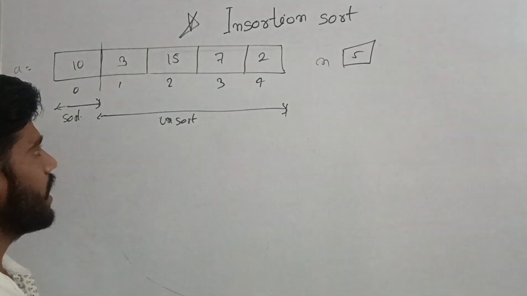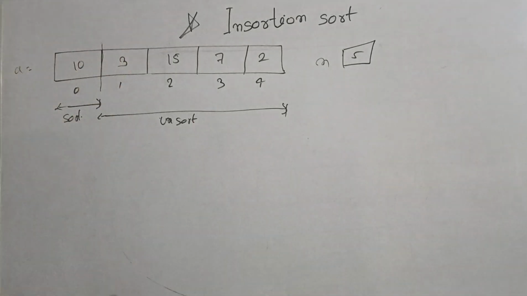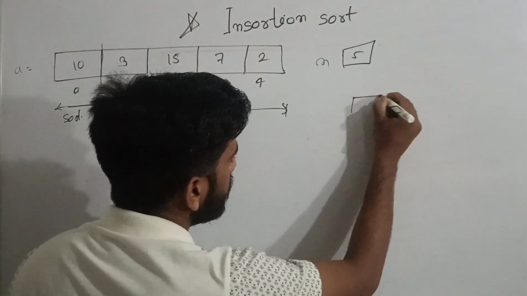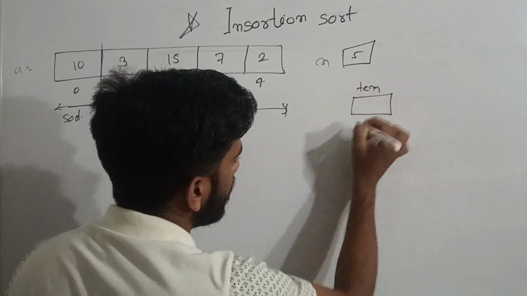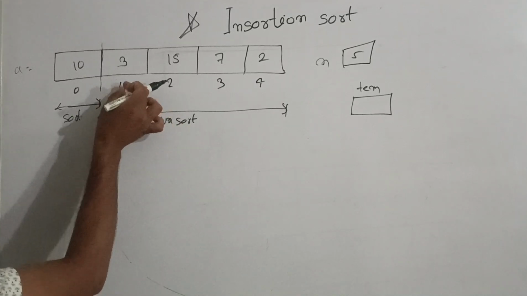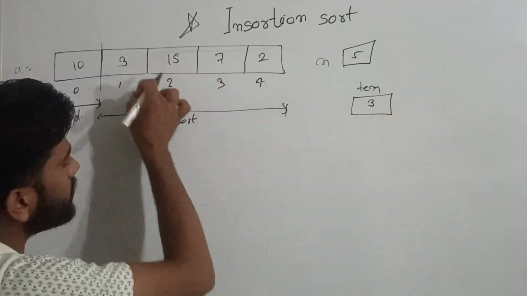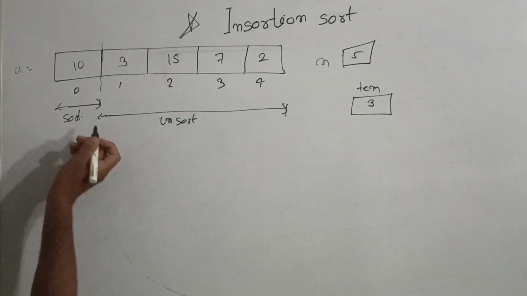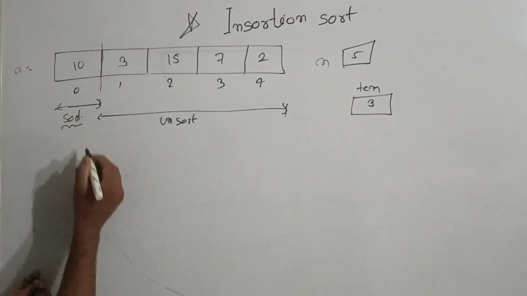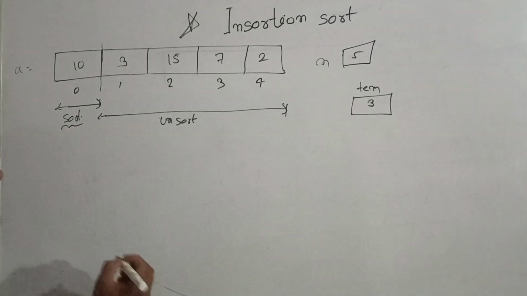From the unsorted array, pick an element, copy it into the temp variable, and compare it with the elements from the sorted array.